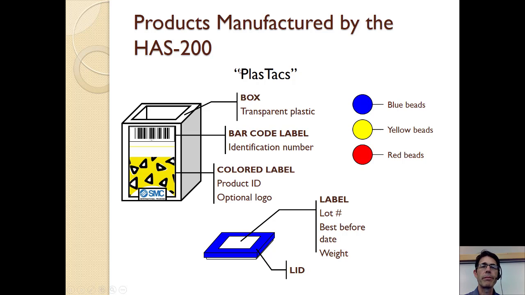The little name for these is Plas-Tacs. Each one of the boxes has a barcode label on it, and that's how the products are tracked. And it has a colored label that indicates what color is supposed to go into the box.